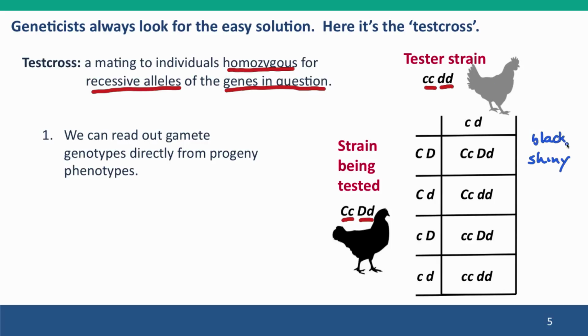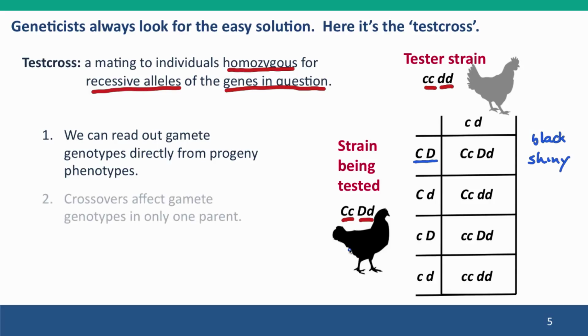So a black bird must be genotype big C, little c, big D, little d. It must have come from a gamete from this parent that had the big C and the big D alleles. So for each of these cases, we can use the phenotype to get a direct inference of the gamete genotype in the bird.